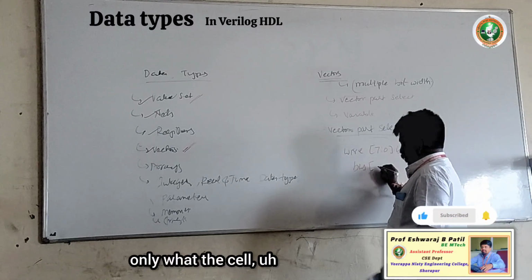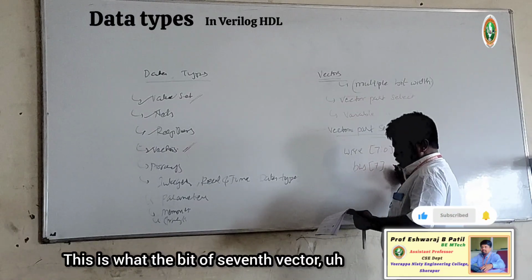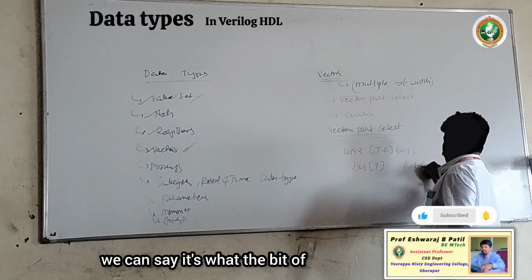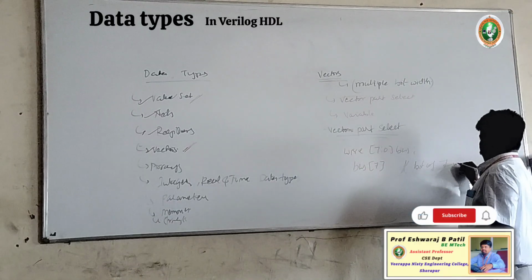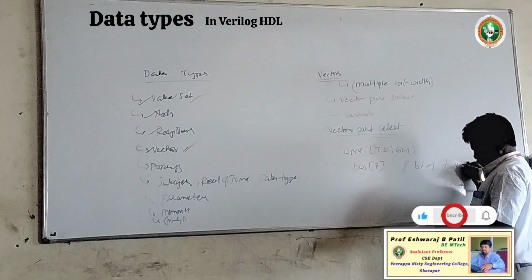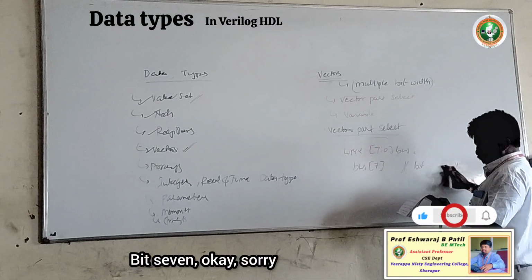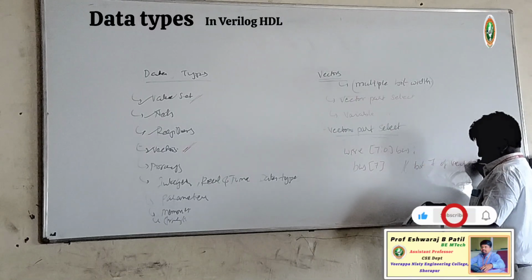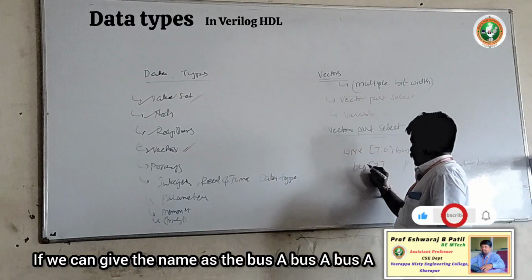This is bit 7 of the vector. Bit 7 of vector bus selection. We can give the name as bus A.